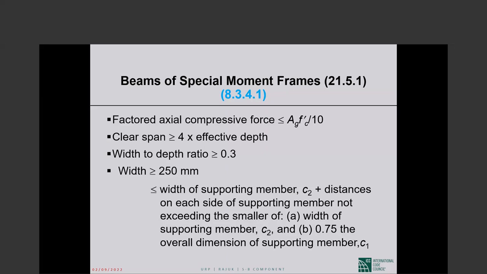Okay. Now, can you just stick out a couple inches? I wouldn't do it. The code cannot be explicit about everything. But when we say beam column frame, we mean an actual beam, not a very shallow beam. How is a 5-inch deep beam going to act as a beam?